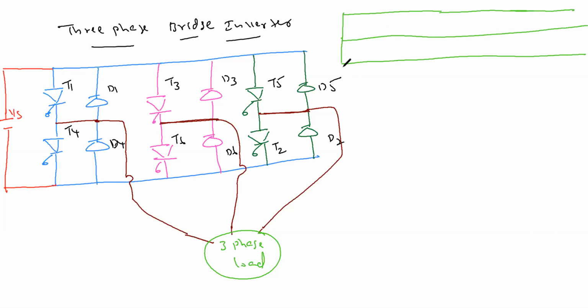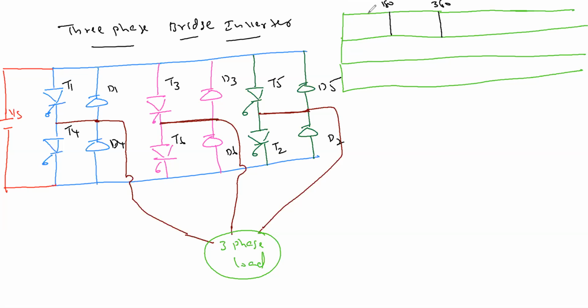Three phase, one more I wanted. Okay, first leg has T1 and T4. One is 180 degrees, so assume this is 180, and the second 180 here, so this is 180 and 360.